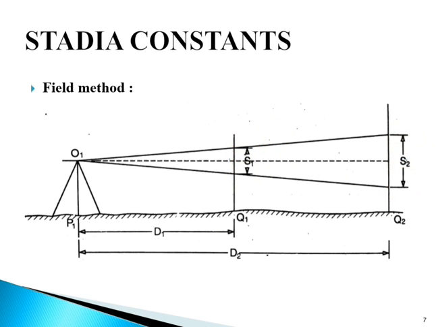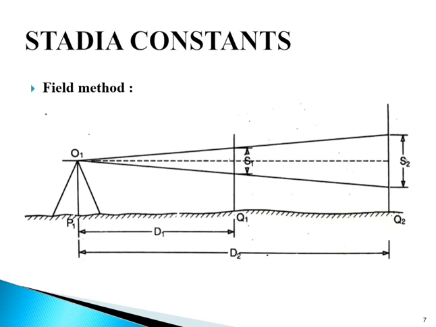The horizontal distances of the pegs from P1 are accurately measured, and let these distances be D1 and D2. We are measuring the distance from P1 to Q1 as D1 and to Q2 as D2.